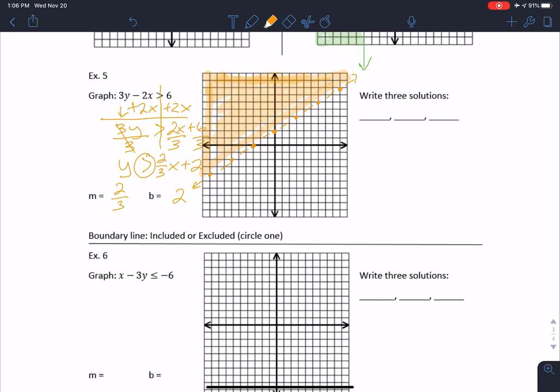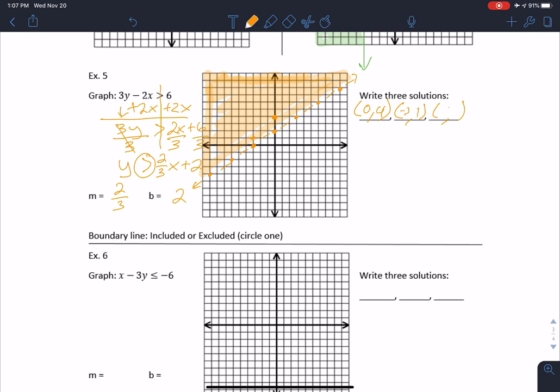Okay. So now we can list some possible solutions. We can pick anything in the shaded but nothing on the line. So let me just pick some points. I'll pick this one. This one is 0, 4. Then I'll pick this one. It's negative 3, 1.